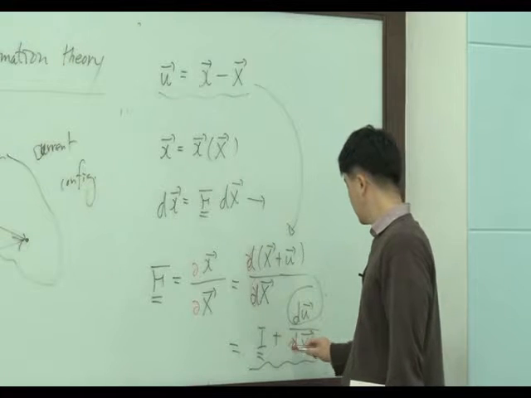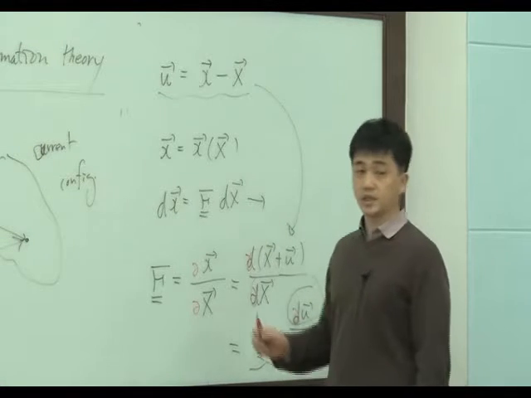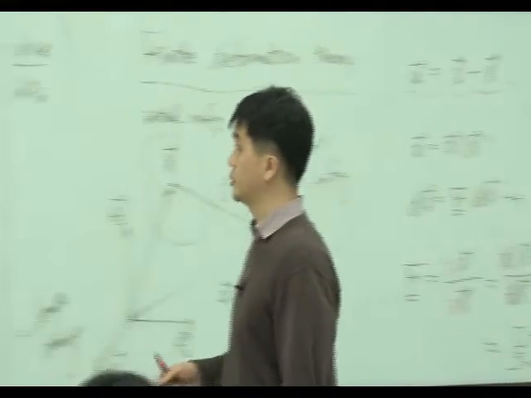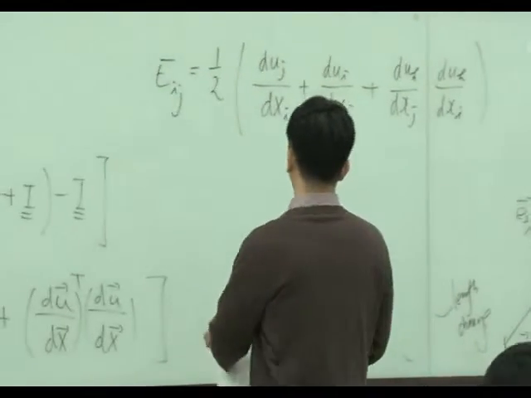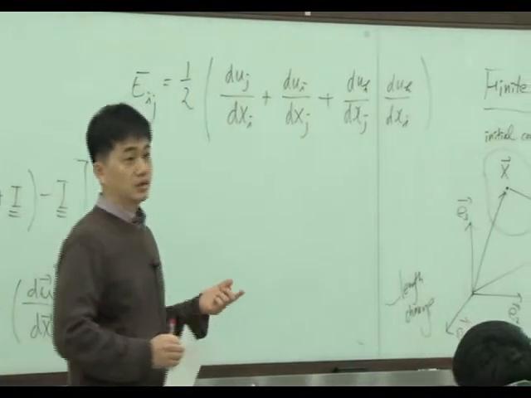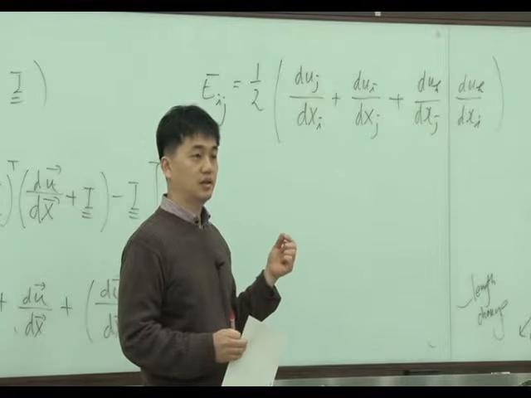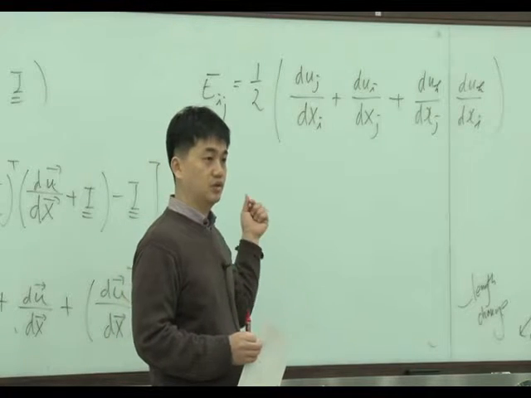But no big difference. Just a small change. No big difference. So if we don't consider the time, this is fine. But if we consider the time, it should be a partial.